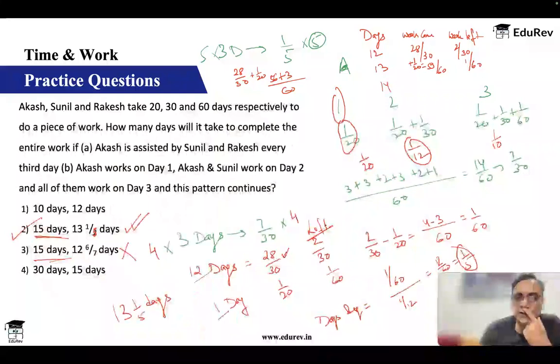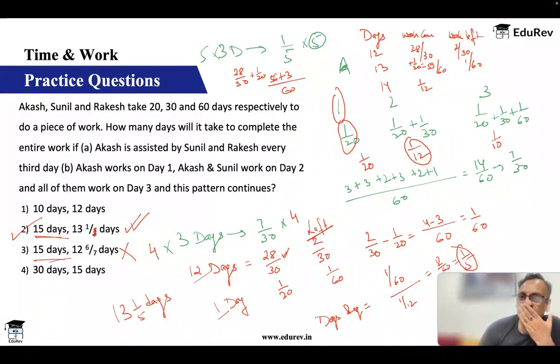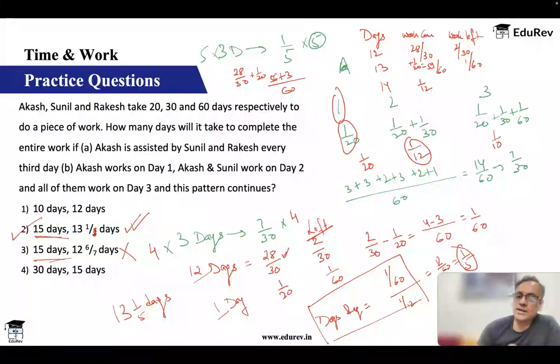So we move to day 14. On day 14, work that can get completed is 1 by 12, but so much is not required. So you don't need the whole of day 14. You only need 1/5 of the day. And for that 1/5, if you have confusion, use the formula that we had discussed in the last class. Days required is equal to work to be done in the numerator and work done per day in the denominator.